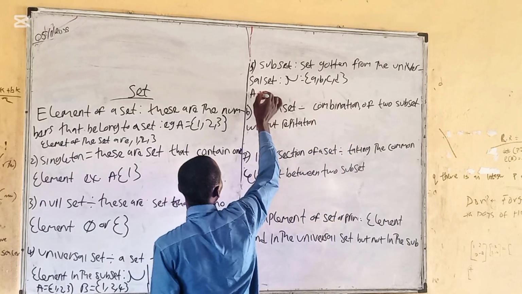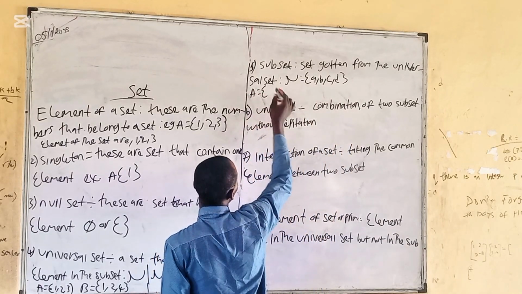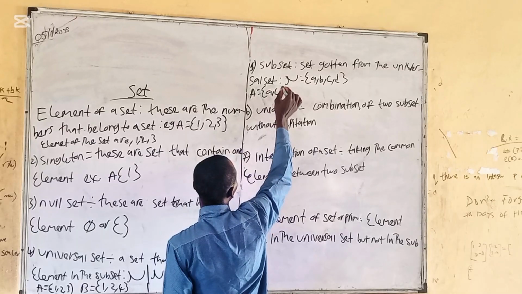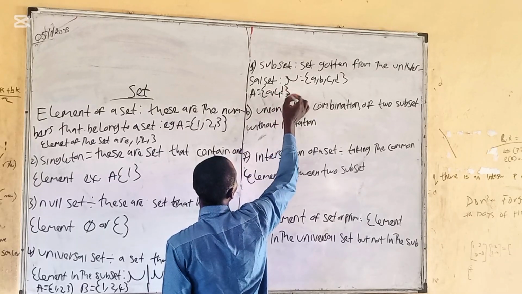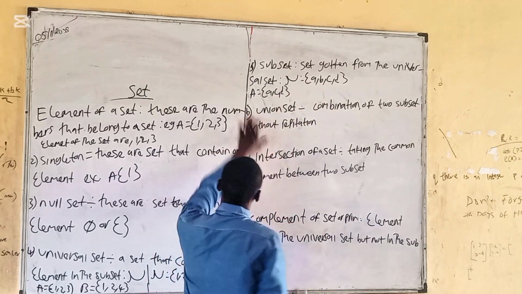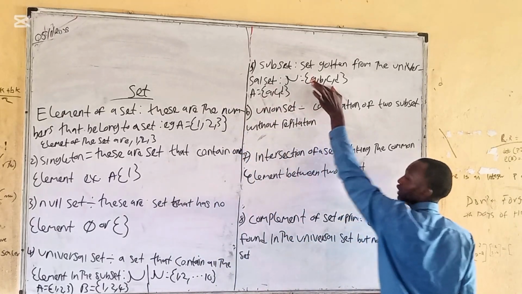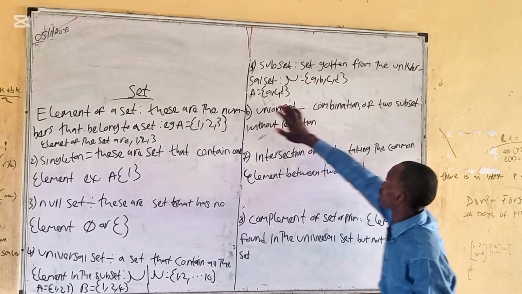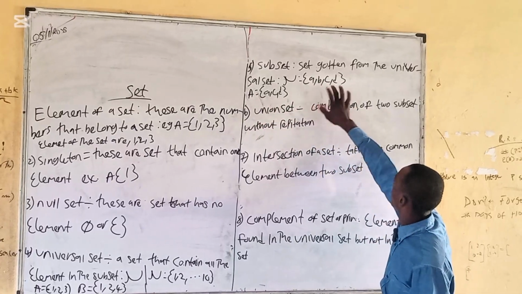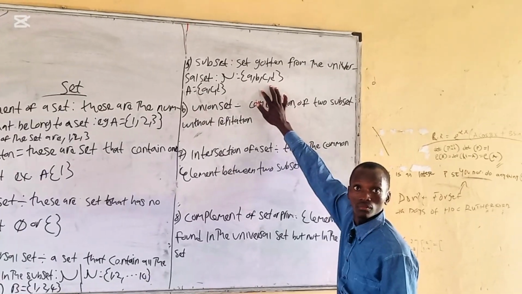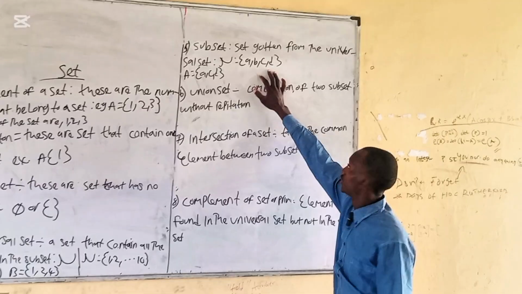Our subset, set A, is equal to A, C, and D. Now you see, this is a subset of this. Why? The elements here, A, C, D, are found here. Are you getting me? It's found there.